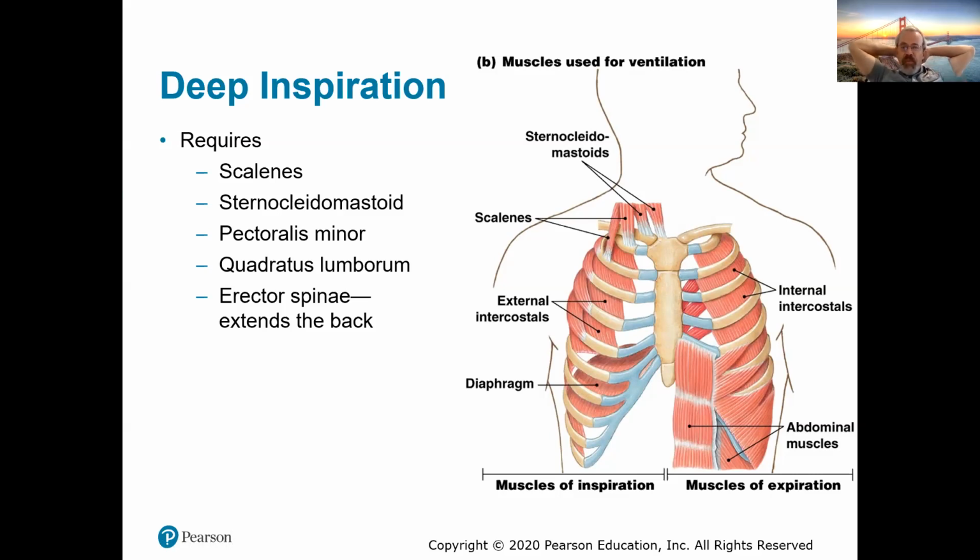In this case, with deep breathing, we've recruited the internal intercostals and the abdominal muscles, namely the obliques, the rectus abdominis, all those. They're going to contract, think of a bellows. It's going to help force air out. So it makes sense, right? We're exchanging a much larger volume of air, so we need to recruit extra muscles. So for deep breathing, in addition to the external intercostals and the diaphragm, we've also got these. And then for expiration, we've recruited abdominal muscles as well as the internal intercostals.